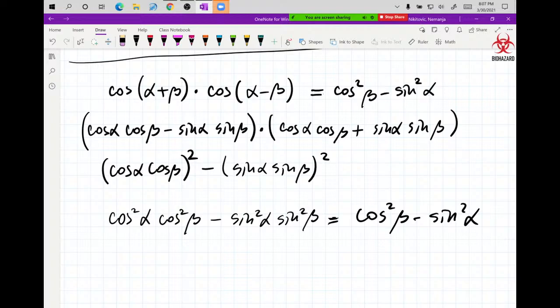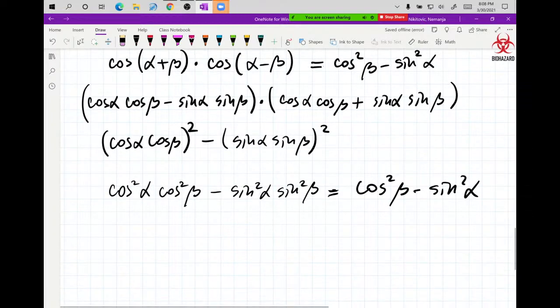So now, when I look at what I need, I need to get rid of the cosine squared alpha. The way to get rid of it is either by factoring or by division. Let's factor out and see. Now, you're going to say, well, we don't have it in this term.